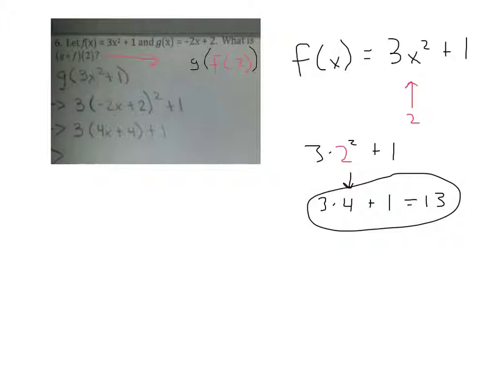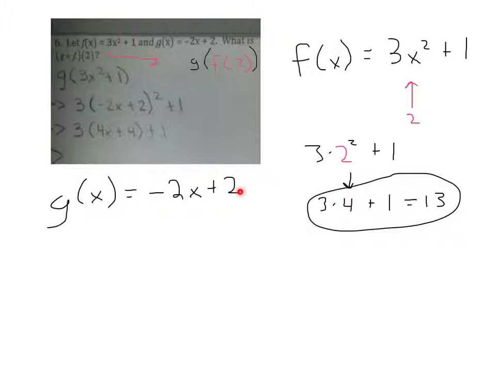So let's write out what the g function is. G of x is equal to -2x plus 2. And so whatever x is, whatever x input we use, we're going to multiply it by -2, and then we're going to add 2 to get the output.